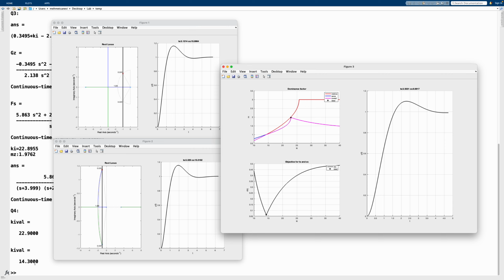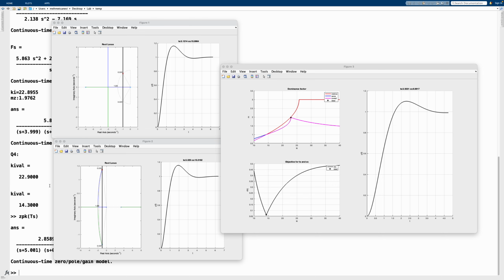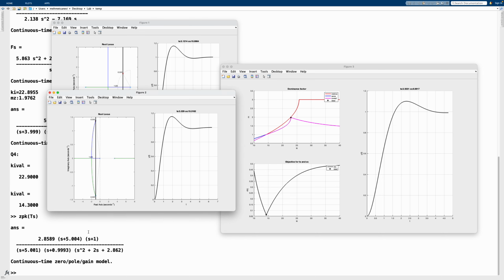So yeah, we can see what the pole zero map looks like by looking at ZPK. Now we can see that at s equals -1, we have a cancellation. And luckily for this system, 5 also cancels out. So we are left with a very good solution, by the way.